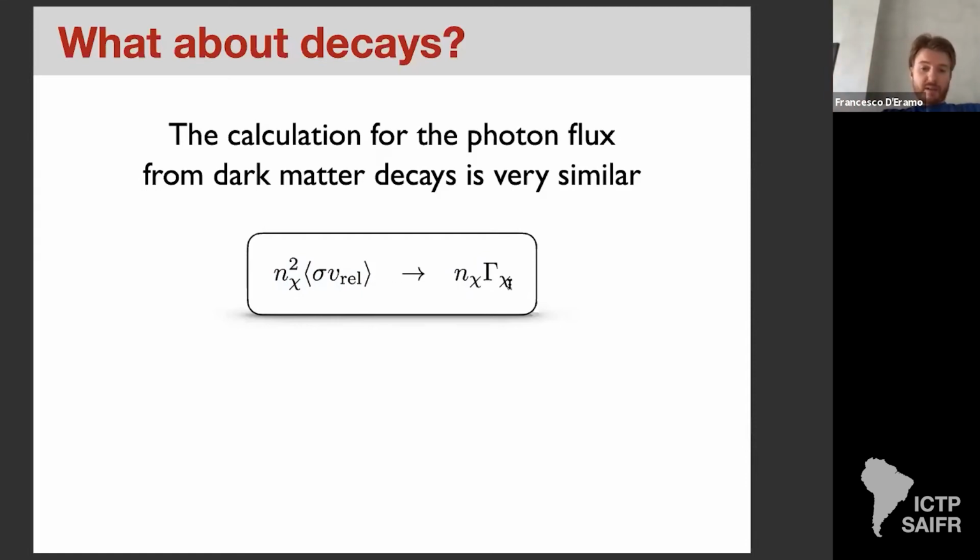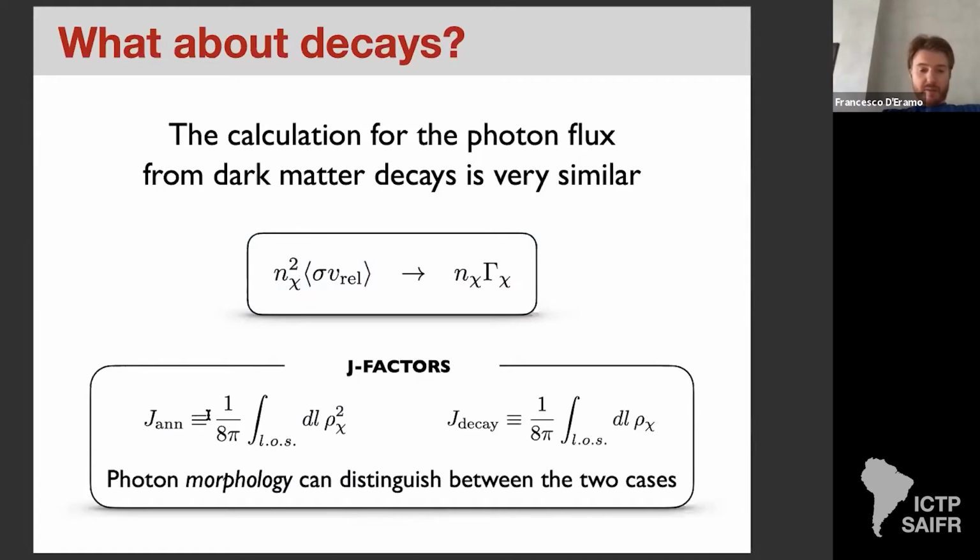And instead of the cross-section, you put the decay width, okay? So it's interesting because the J factor, the factor parameterizing the astrophysics, for decays and for annihilations are very different from each other, very different. They are different, okay? In one case, you have the integral of the density squared. In the other case, you have the integral of the density to the first power.